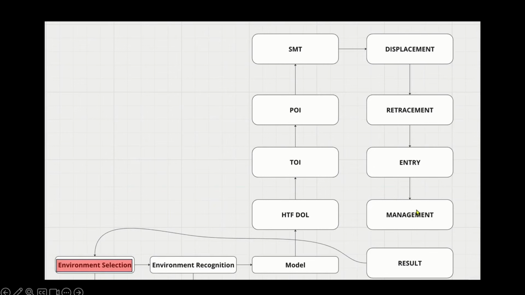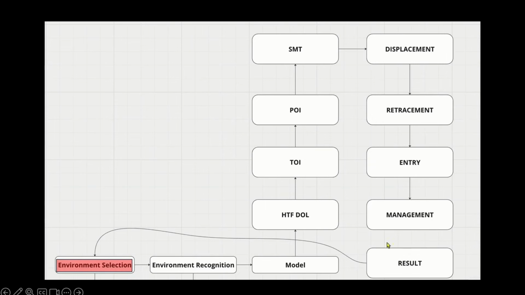After the management part is done, we move on to the result part. The result stands basically directly correlated with the whole model, meaning the result is a result of your ability to recognize the environment, your ability to wait for your model to present itself within that environment that you've recognized and deemed as highly probable, and then being able to utilize your model.